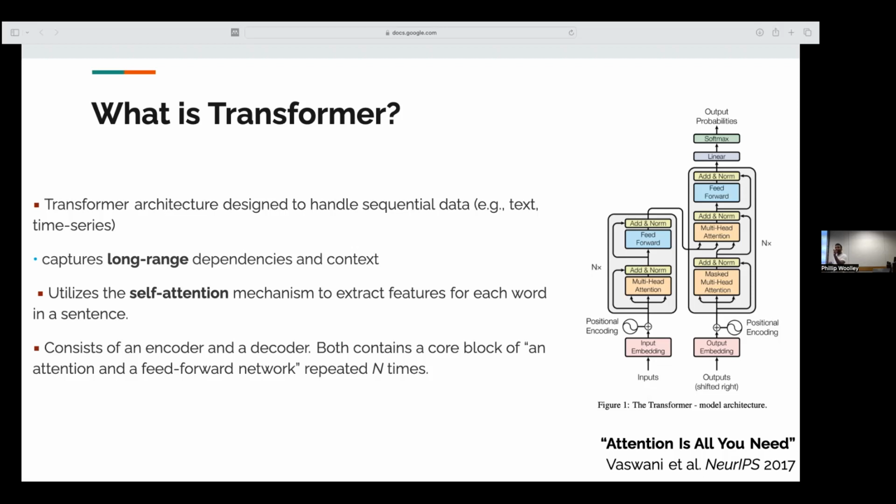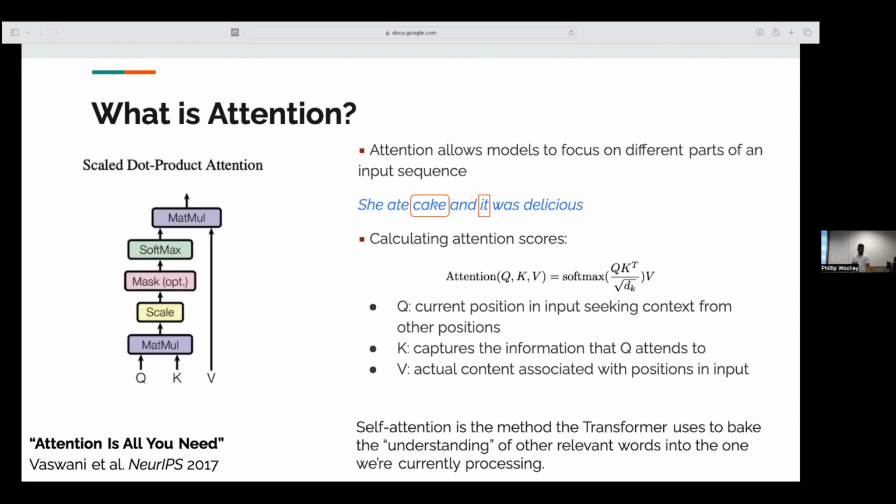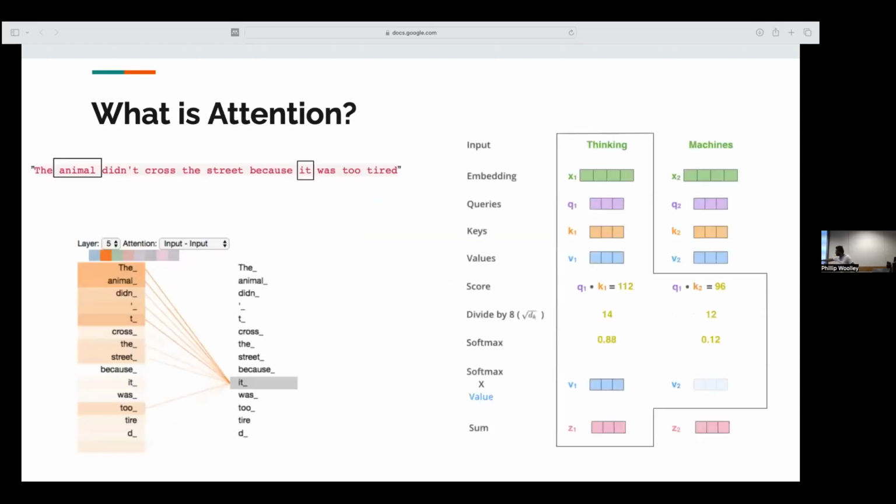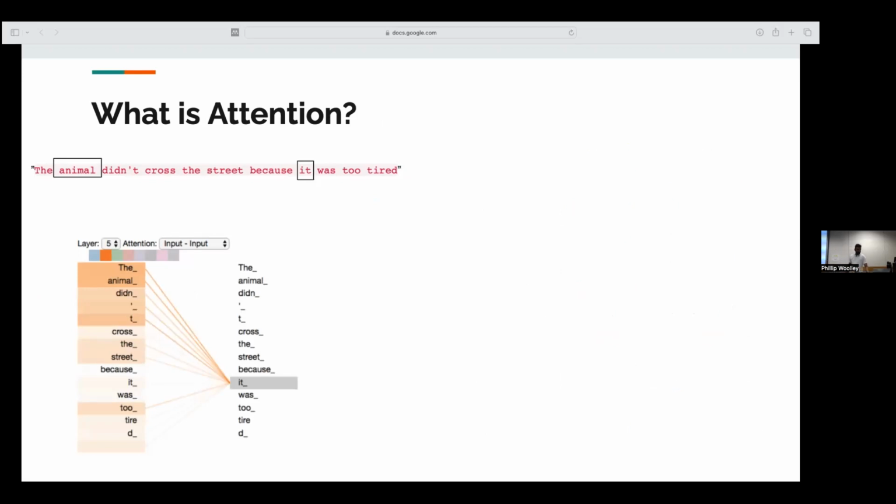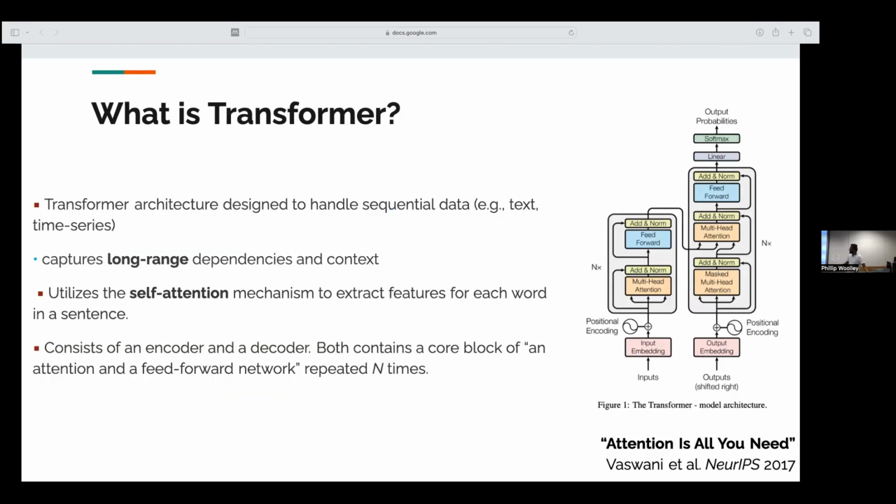Q, K, and V are used to calculate attention. This is the attention value, Z1, Z2. After here, we would have values Z1, Z2, Z3 up to Zn, depending on your input sequence.